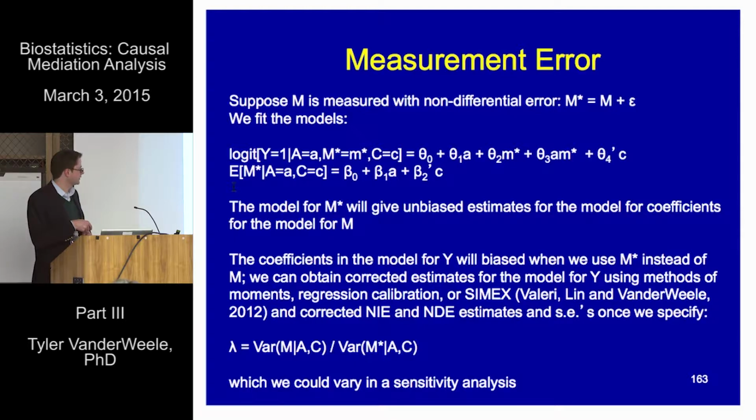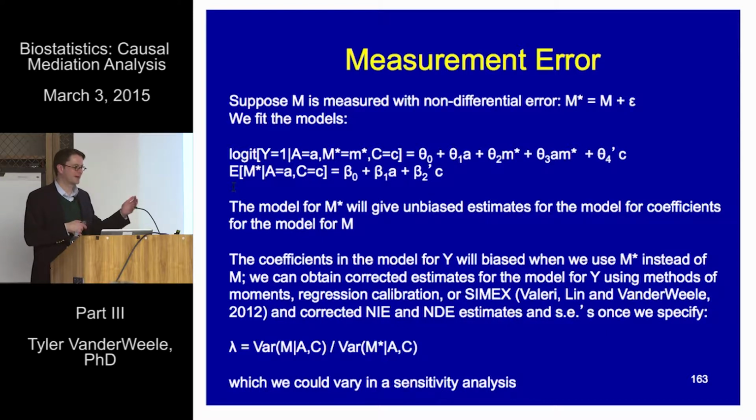The proportion of the variance in our mediator measurement that's explained by the true mediator. So our mediator measurement is the true mediator plus error. What proportion of the variation in the mediator measurements is due to the true mediator, and what proportion is due to random error? And that's the proportion of the variance conditional on the exposure and the covariates.